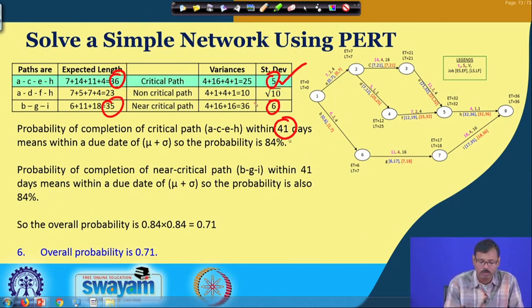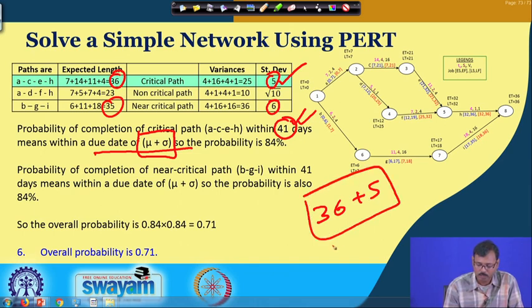Now, when we talk about completing this complete project by 41 days, that means we have given a due date of mu plus sigma for both cases, 36 plus 5 for the critical path case, 35 plus 6 for the near critical path case.